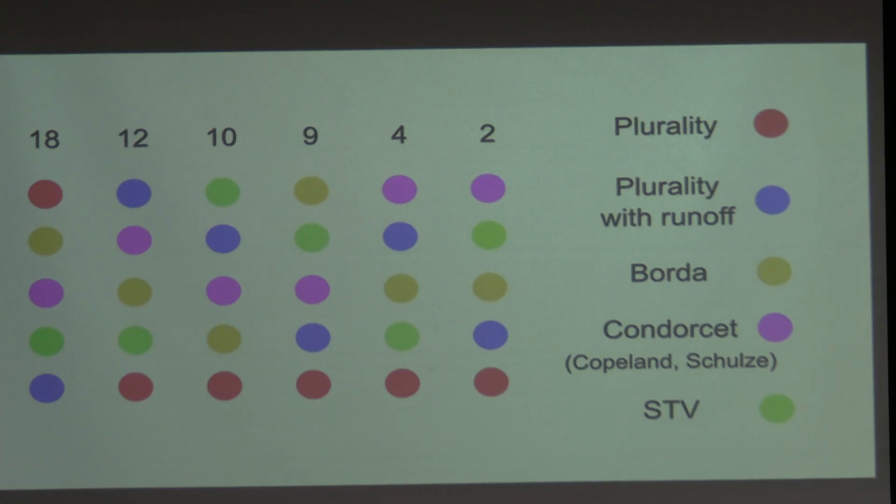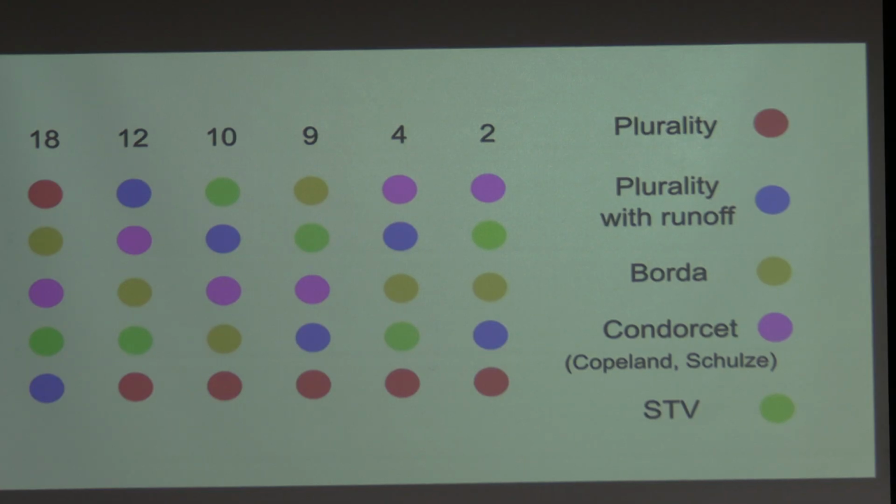Right? Plurality, Borda, Runoff rules, Condorcet, STV, etc. They all seem reasonable. But on this particular instance, if you do the math, it turns out they all give different outcomes. So which rule is right? It's not clear a priori.